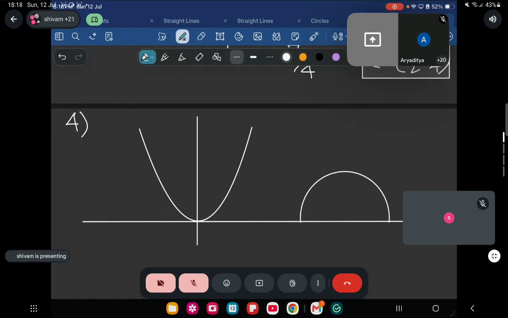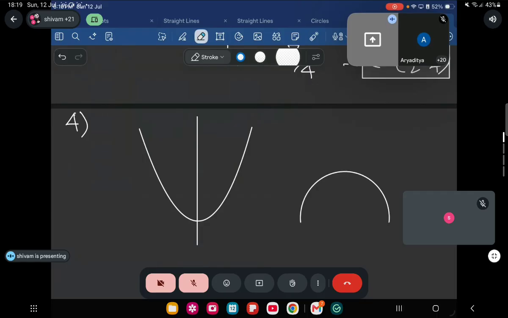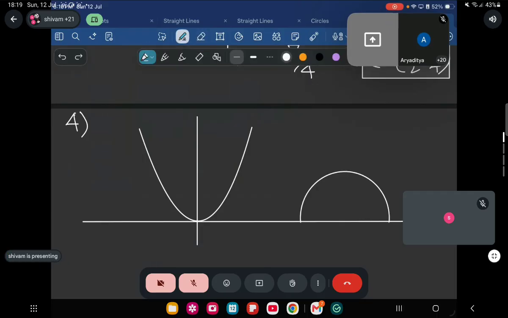Remember, center is 15, 0. So from here, this is the straight line. This is the shortest distance.